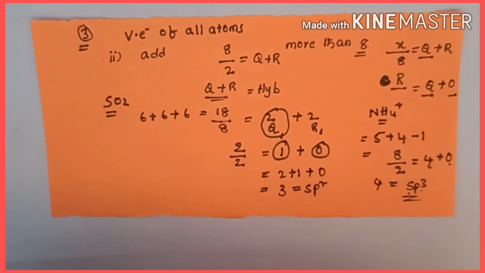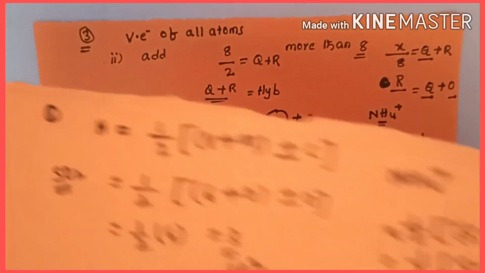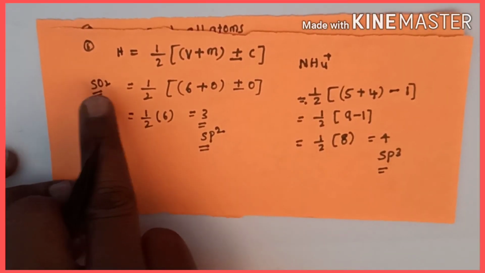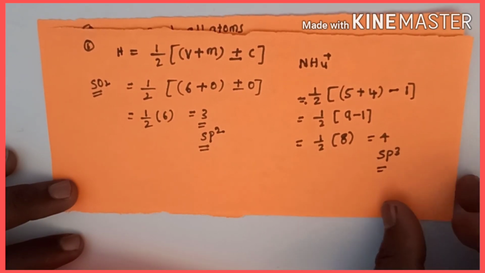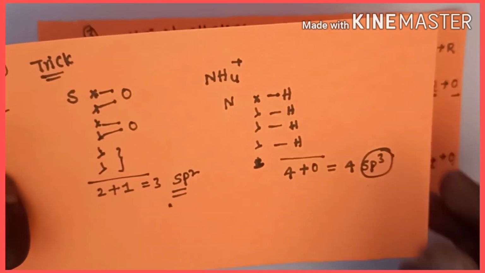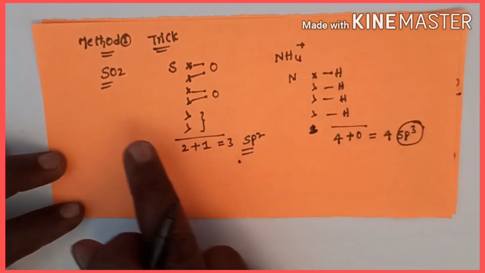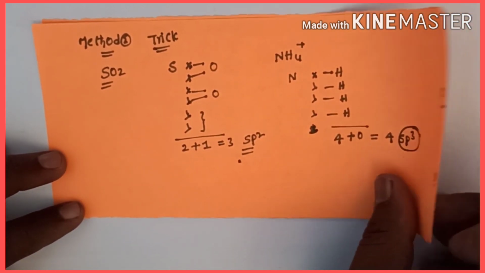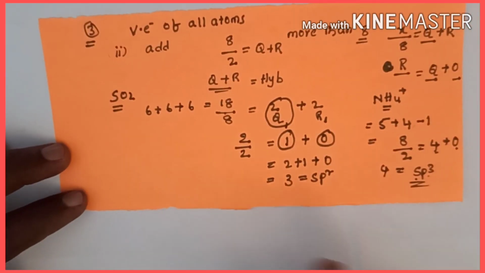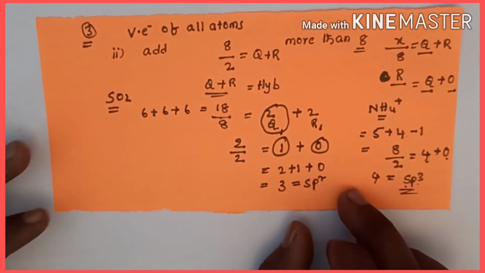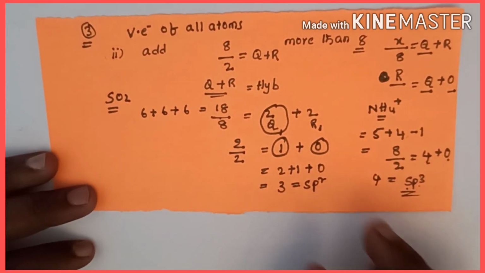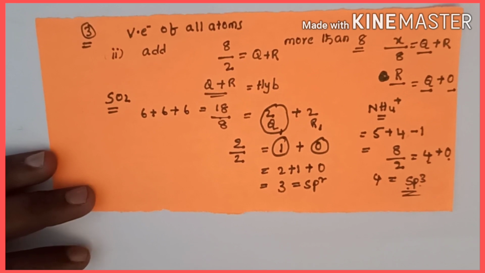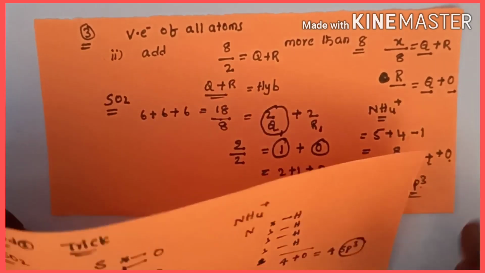Once again, let us see. In method 1, we worked based on the formula. In method 2, we worked based on the Lewis structure. In method 3, we worked by the division method. Now please comment which of these 3 methods is easiest for you.